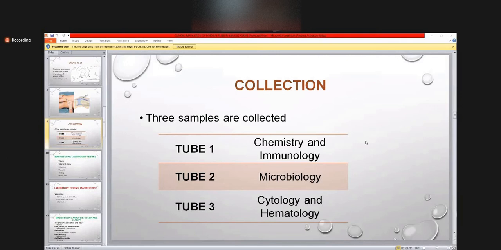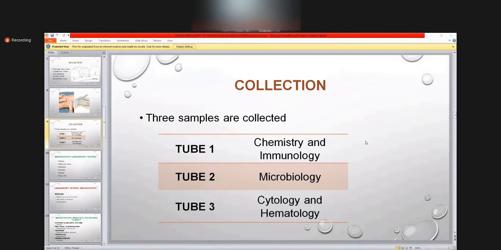Like rheumatoid arthritis, SLE, polyarteritis nodosa, and there is a long list of immunological diseases. Right, so in those cases we do the ANCA and so on. Then in tube 2 we see the microbiology.